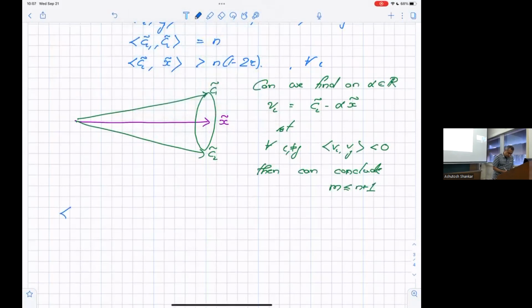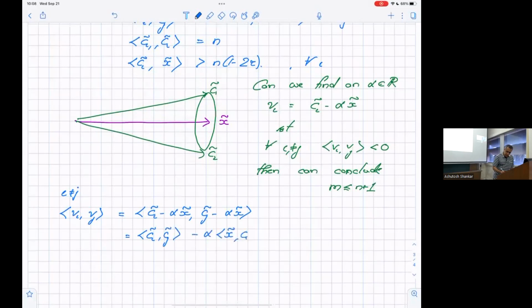What we want is vi dot vj for i not equal to j. This is exactly ci tilde minus alpha x tilde dotted with cj tilde minus alpha x tilde. Expanding: ci dot cj tilde minus alpha times x tilde dot ci tilde, plus x tilde dot cj tilde, plus alpha square x tilde.